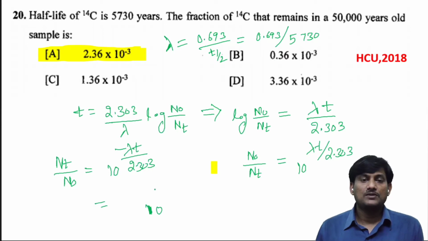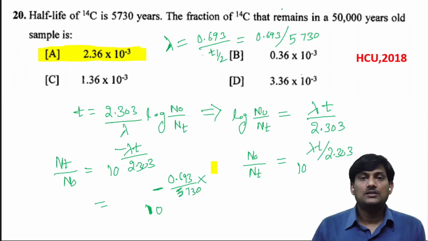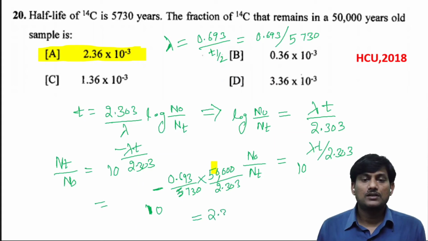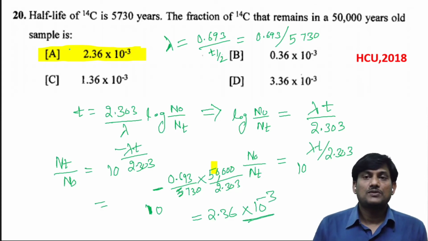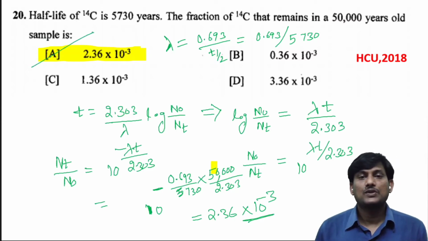So when you substitute these values, minus lambda t is 0.693 divided by 5730 into t, which is given as 50,000 years, 50,000, divided by 2.303. When you simplify, you will get around 2.36 into 10 to the power of minus 3. This is the fraction of amount that remains in a 50,000 years old sample. So A is the correct option.